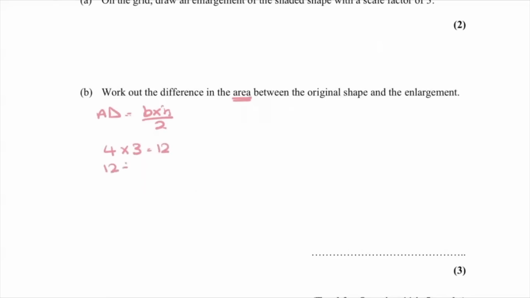And 12 divided by 2 is 6. For the enlargement, I had 12 for my base and 9 for my height. 12 nines are 108. Divide that through by your 2, and you've got 54. Remember, I'm looking to find the difference. So 54, take away 6 is our final answer of 48.